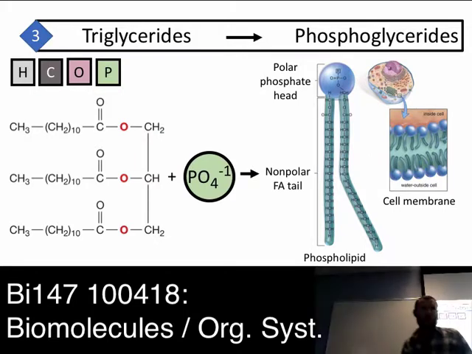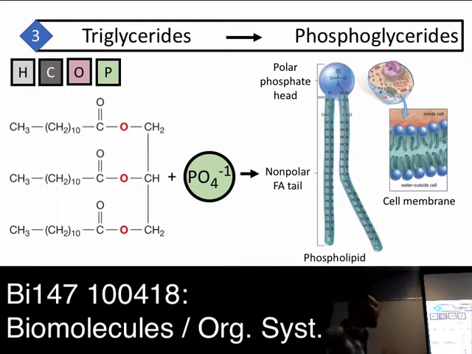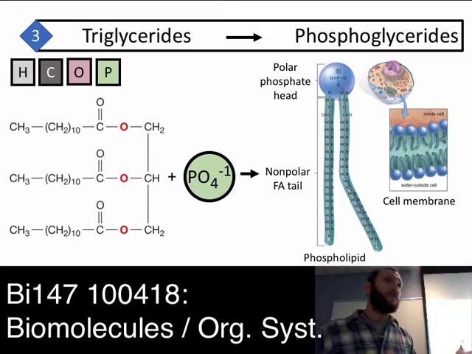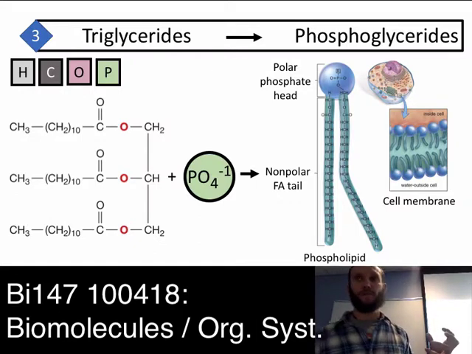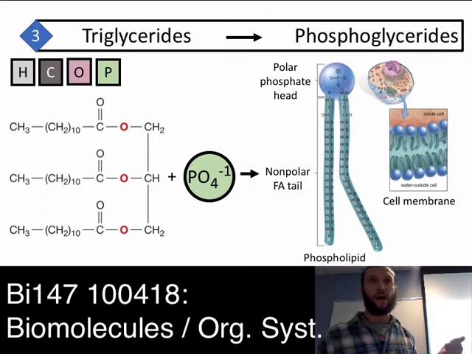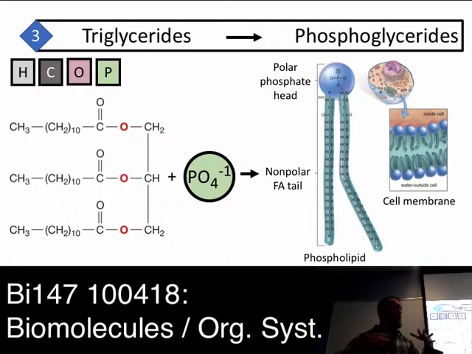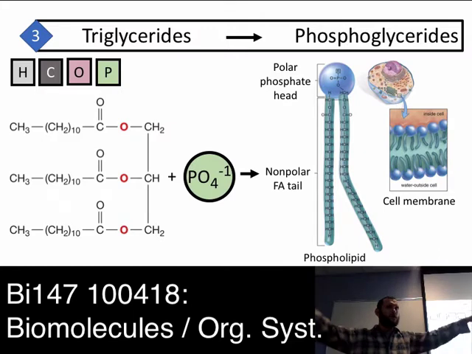So phosphoglycerides are really important because they are the molecule that forms the lipid bilayer that makes up all of our cells. So the membrane on the outside of every cell in your body is essentially made up of phosphoglycerides. All right, so there's this strong negative charge. Let's imagine what the surface of our cells look like.